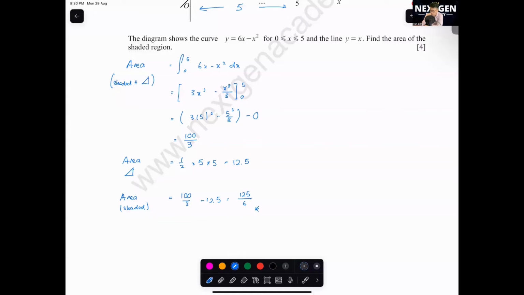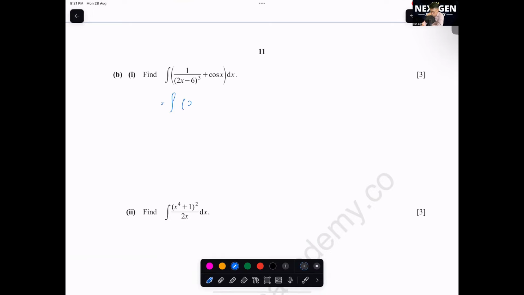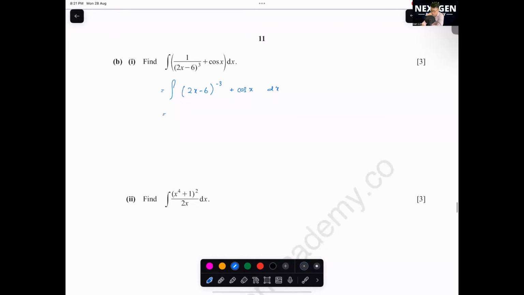Okay, next one, B1. We want to integrate this one. So how do we do this? We change this one into power negative first: 2x minus 6 to the power of negative 3 plus cos x dx. Let's integrate this part here. So 2x minus 6 to the power negative 2 over minus 2 times 2.